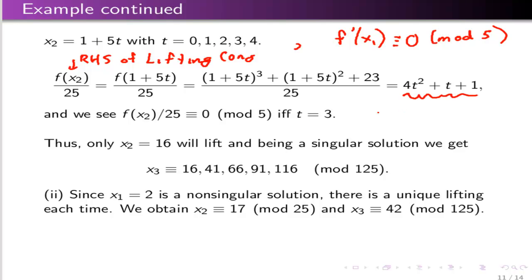So you're just solving 4t squared plus t plus 1 congruent to 0 mod 5, and I think it's probably as easy in any way just to do trial and error.